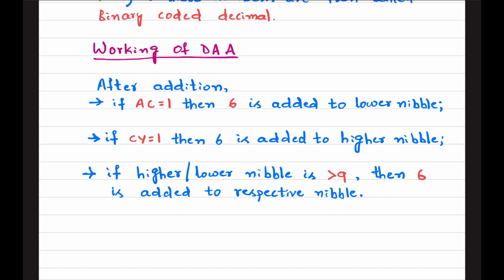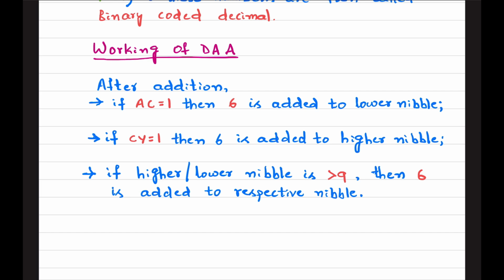Another criterion: if the higher or the lower nibble has a value greater than 9, then 6 will be added to the respective nibble. So if any of these criteria occur after addition, then 6 will be added to the respective nibble.